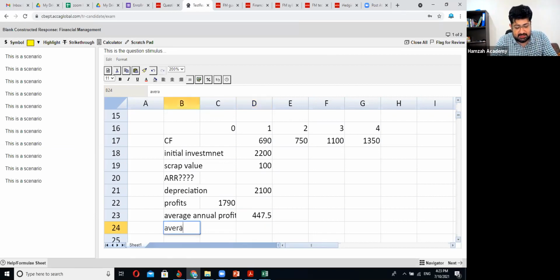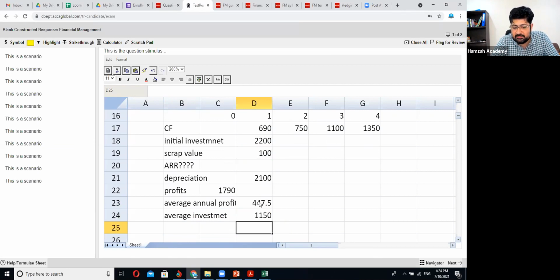Average investment is initial investment plus scrap value, divided by 2. Here it is. Anyone, any confusion?